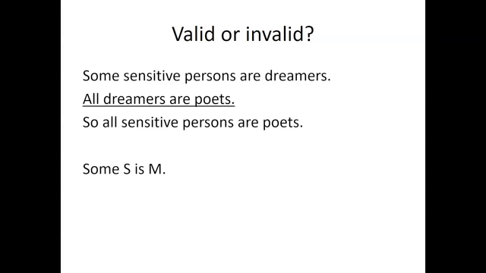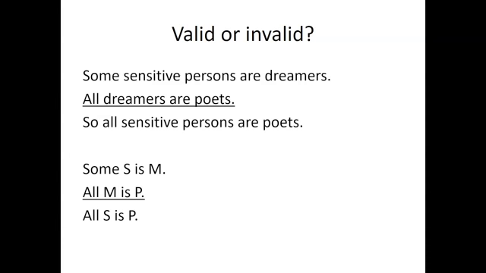Some S is M. All M is P. So all S is P. So we'll have to apply our rules again, because we can't just go by comparison with the previous one, since this is a different form. Our first rule, again, is that at least one premise must be affirmative. And we see both of the premises here are affirmative, so it passes that rule.